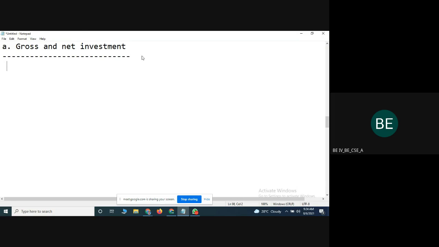Gross, in the sense, what is gross investment? It is the total value of productive assets created during a given period of time.